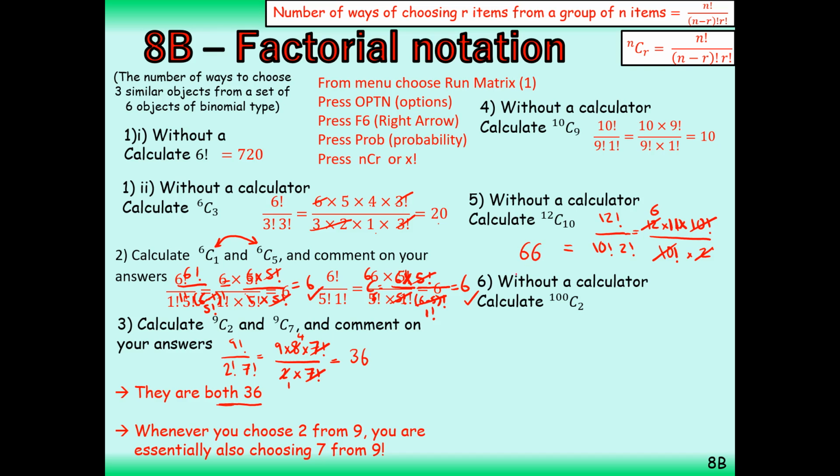Okay, so in general, you can just say 100 choose 2 is 100 times 99 divided by 2. I know the answer because the 98 factorials cancel away. So you can say that's 1, that's 50, so 50 times 99. Yeah, that's the answer to that question.